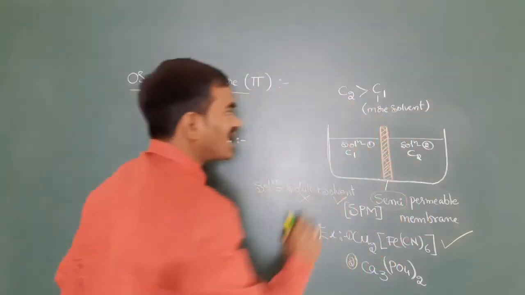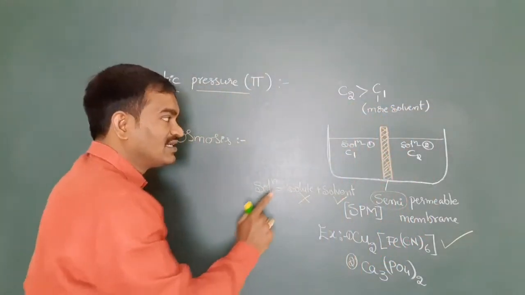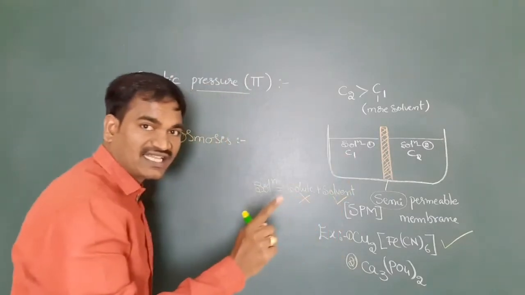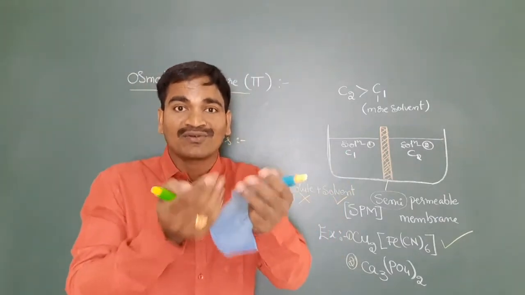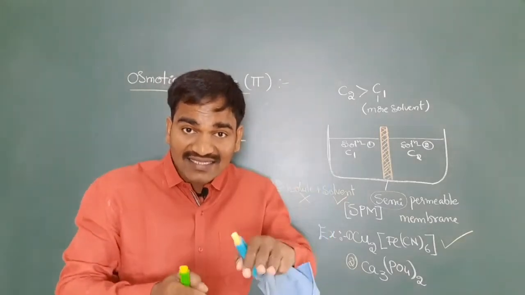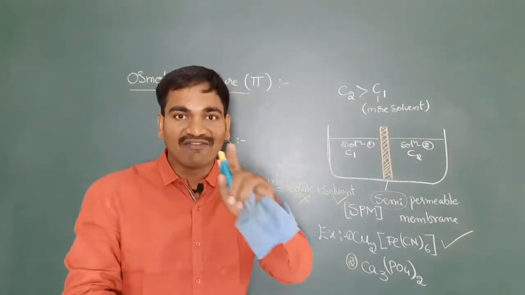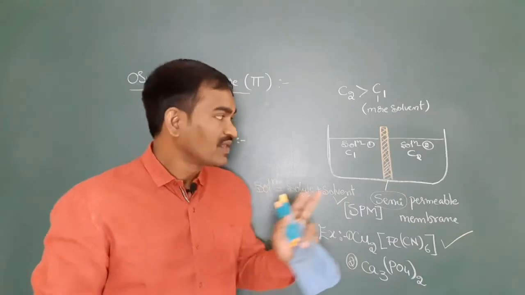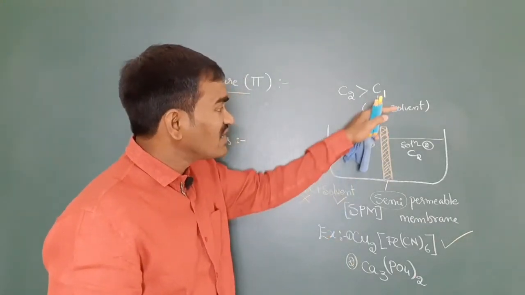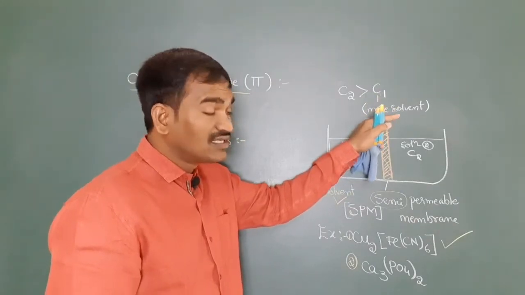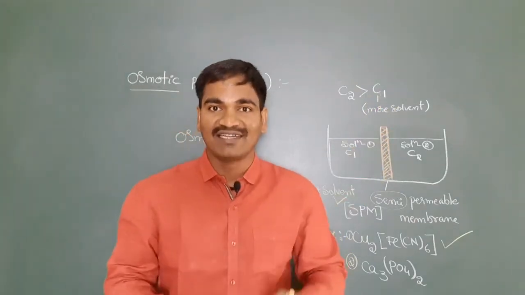More solvent is present in which case? Solution 1. Focus here. If concentration is less, solvent is more. Have you got it? So the solution which has the lower concentration contains more solvent.